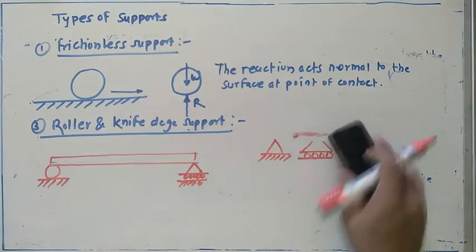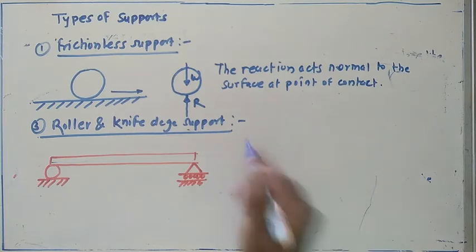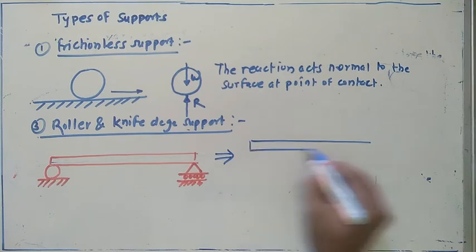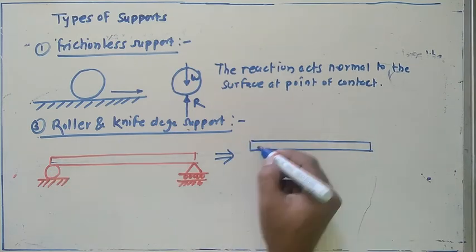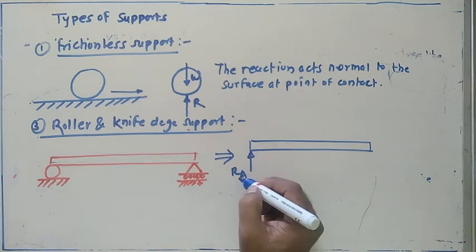And while drawing the free body diagram for the same, you can show it this way. The beam is here, the support comes from this one, and we show that support with the help of a reaction this way.